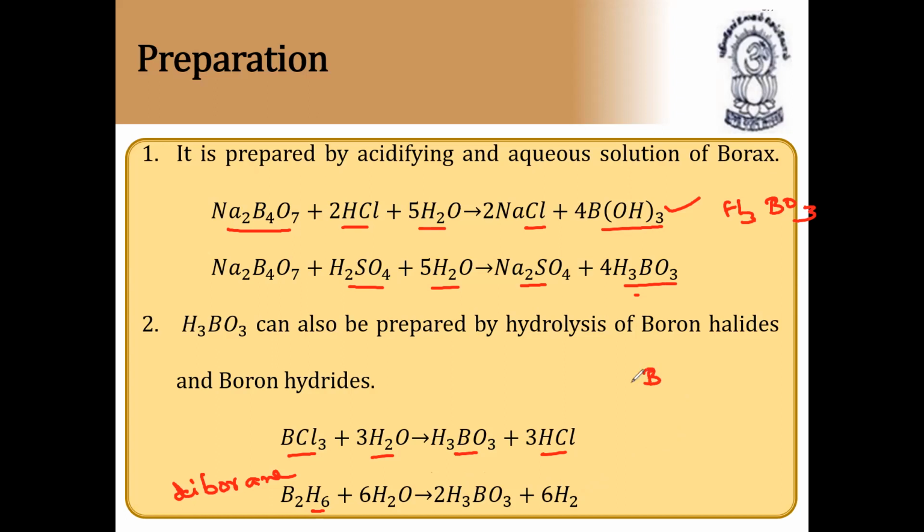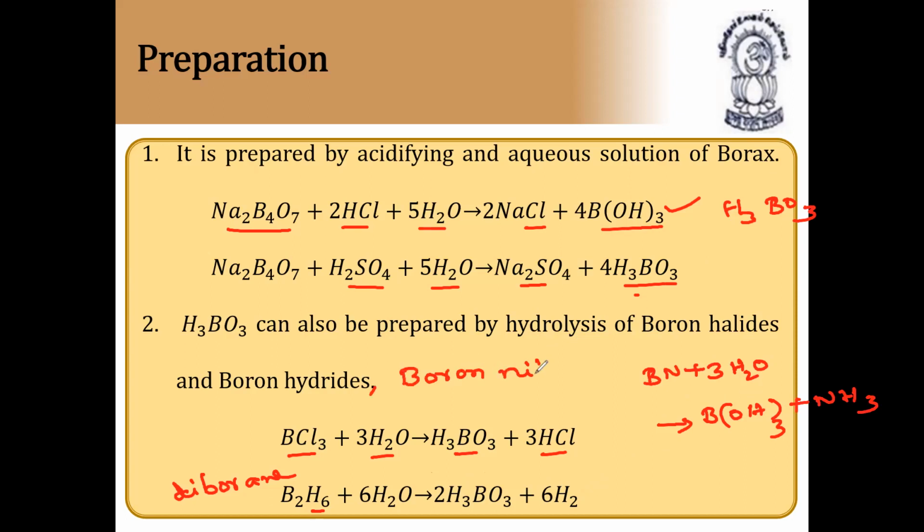It can also be prepared from boron nitride. BN plus H2O combine to form B(OH)3 along with ammonia gas. B(OH)3 is nothing but boric acid. So it is prepared by the hydrolysis of boron halides, boron hydrides and boron nitrides.